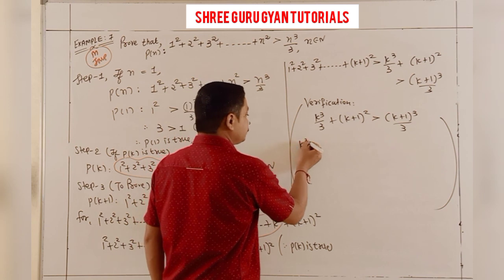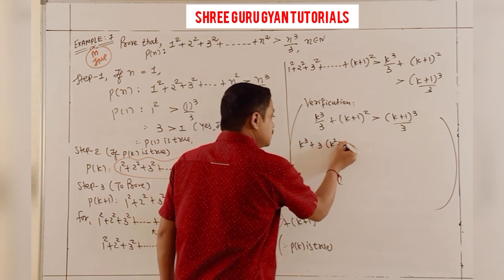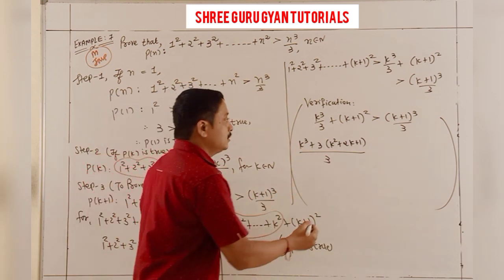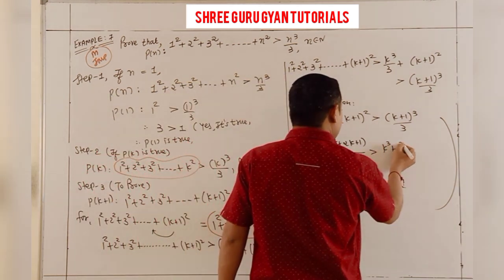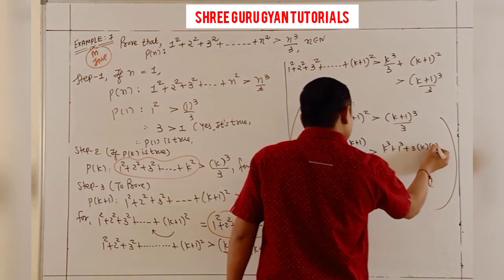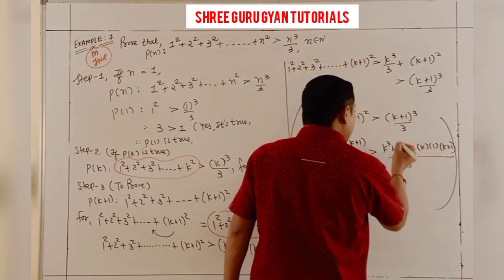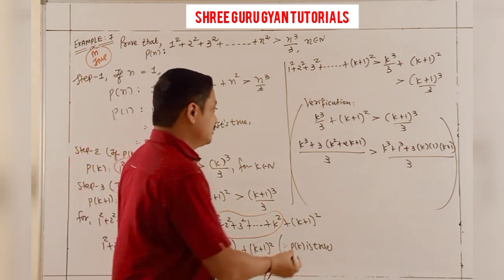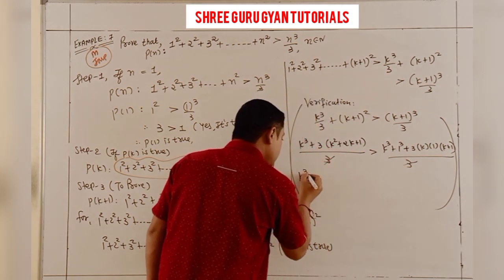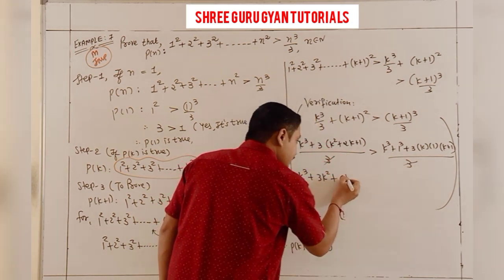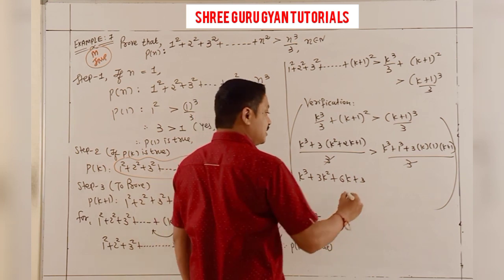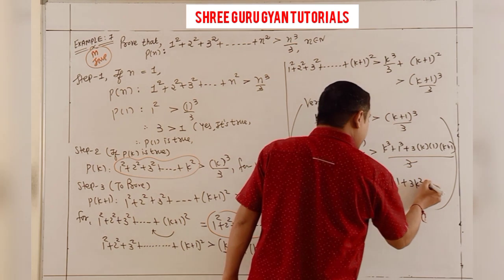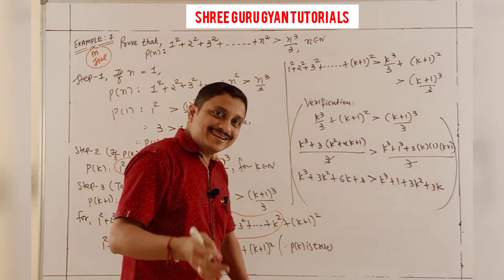So for k cube by 3, I take the LCM and expand. Greater than k cube plus 1 cube plus 3 into k into 1, k plus 1. Here I have written a plus b whole raised to 3. You know the formula. The 3 is gone. So k raised to 3, 3k square, 6k plus 3 is greater than k cube plus 1, 3k square and 3k terms.